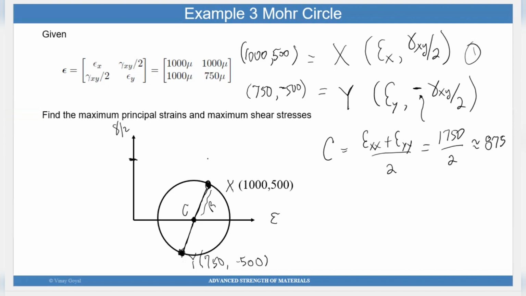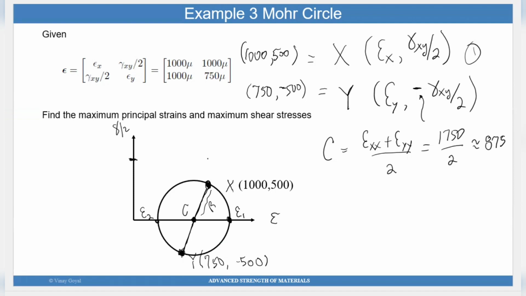So where are the principal strains? The principal strains are going to be this one. That's the maximum value, epsilon 1, and the minimum value, epsilon 2. That's your two principal strains. They can be easily calculated because that's where the circle intersects the abscissa, the strain axis. That's where the maximum strain occurs.